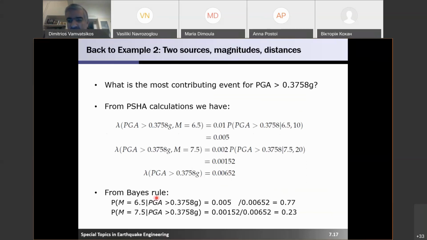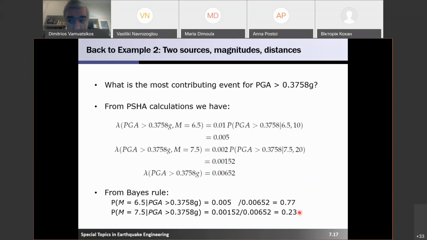The Bayes rule, all that it says is pretty much to normalize this and this by that. That's all it does. So if you want the probability of a magnitude 6.5 happening, given that your PGA is larger than 0.36 g, it's pretty much this one divided by the total, 0.77. If you want the same for fault B, a 7.5 here, remember, you just go here, take this one and divide by this one, 0.23.